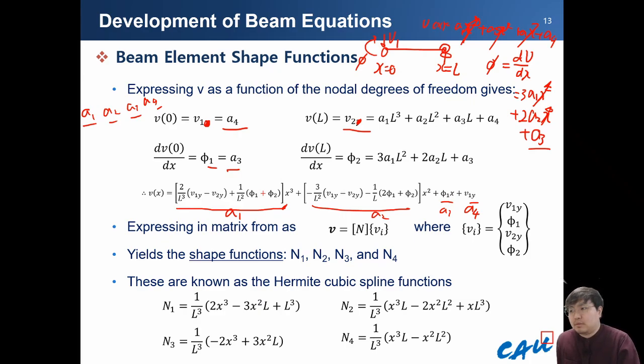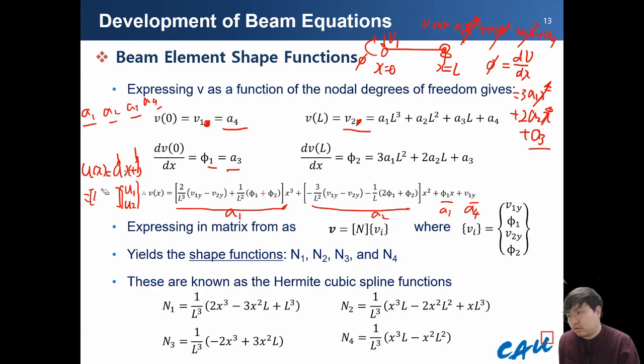You obtain this kind of thing, but let's go back to the truss element. Although we obtained some relationships when applying the boundary conditions, finally the final relationship looks like this, with 1 over L and x.